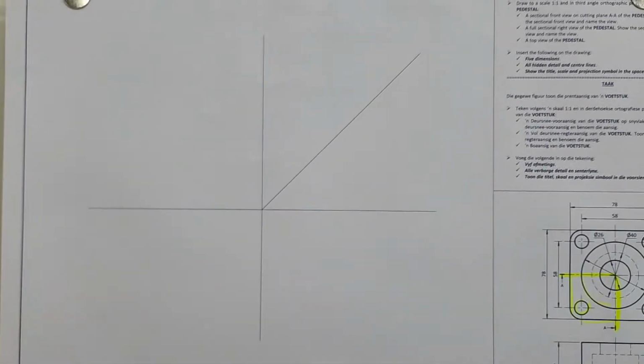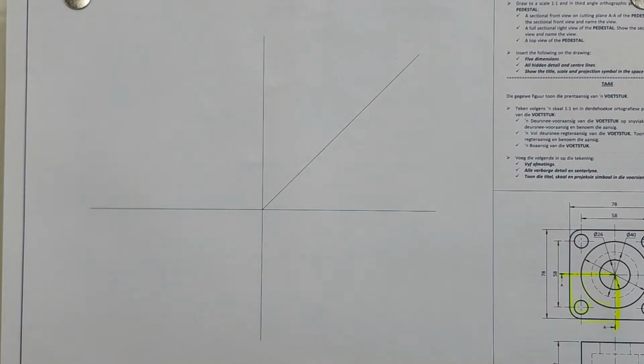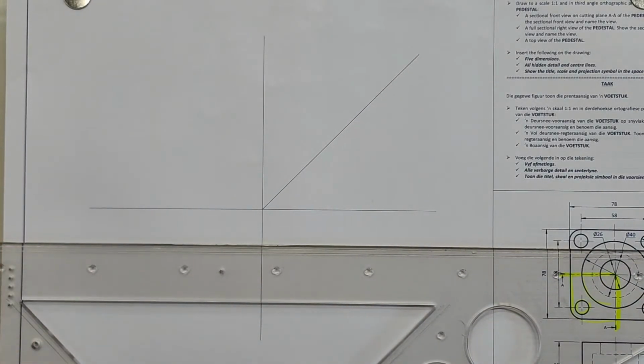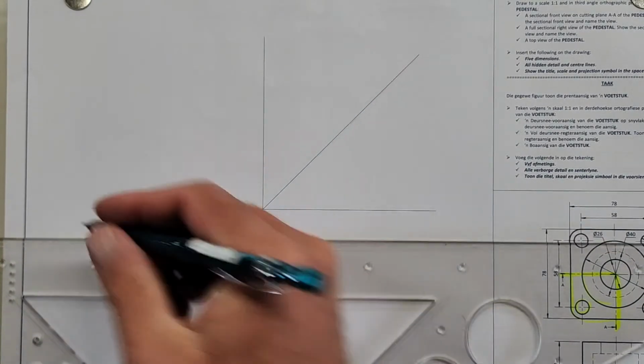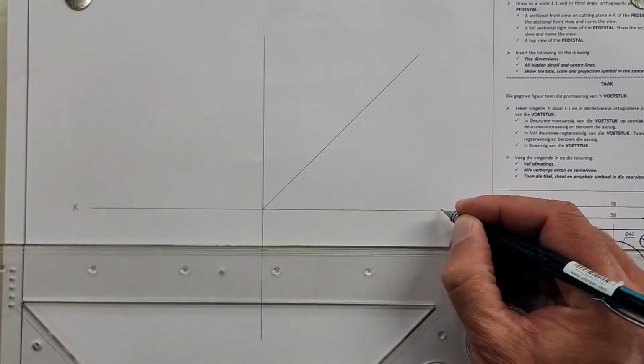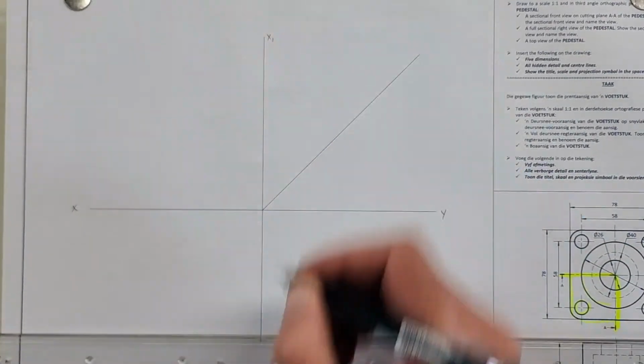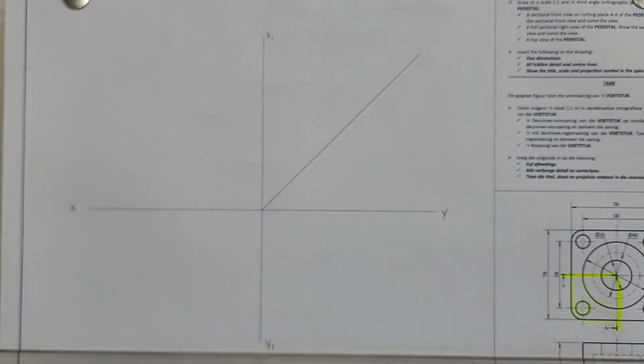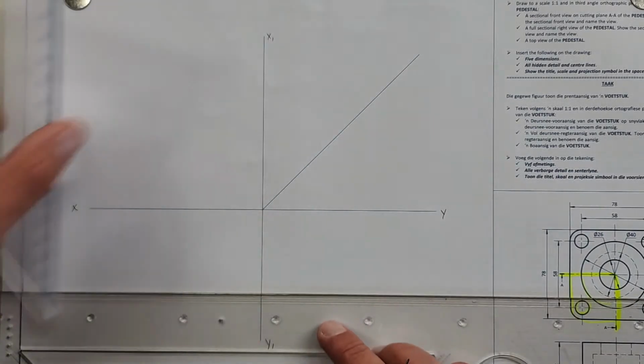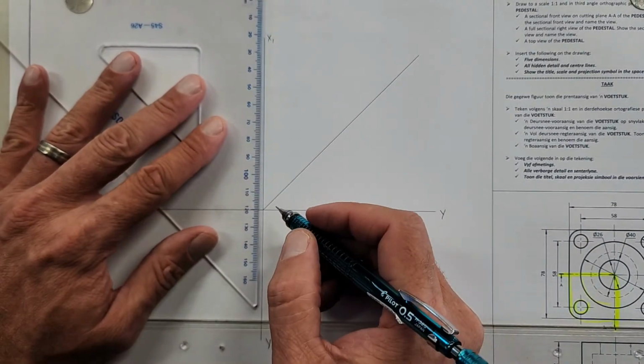Normally, I don't think in the exams you're going to be as lucky as having a grid for you. So just remind yourself the main axis is called X, Y. The secondary axis here is X1, Y1. So just write that in. And then we're going to have a 10 millimeter gap here.